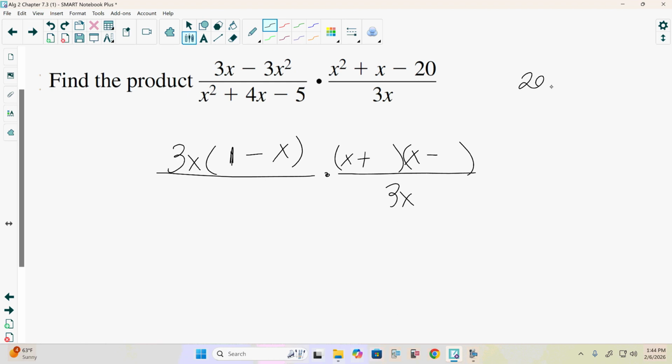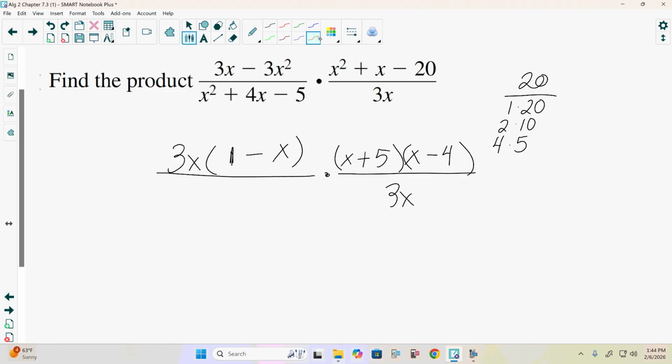Factors of 20: 1 and 20, 2 and 10, 4 and 5. Which one of these do we want to try first? 4 and 5. Which one positive, which one negative? Yeah, positive 5, negative 4.